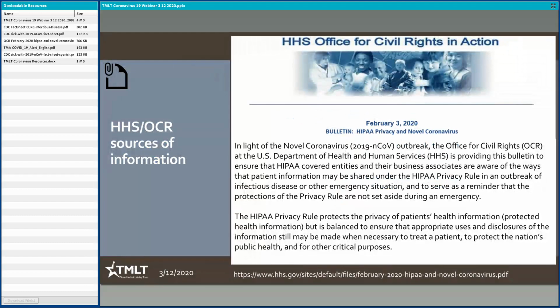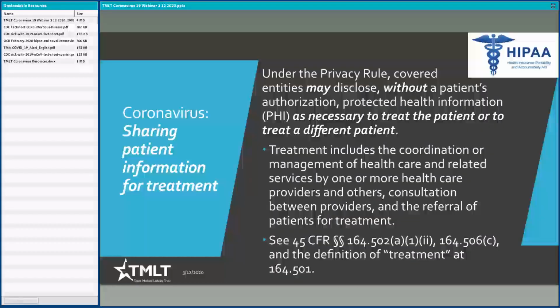All the way back on February 3rd, 2020, the Health and Human Services Office for Civil Rights produced a document and sent it out through a web link about sharing information as far as it related to HIPAA privacy and coronavirus. And we're just going to go through the highlights of that, but that one is available as a downloadable file as well.